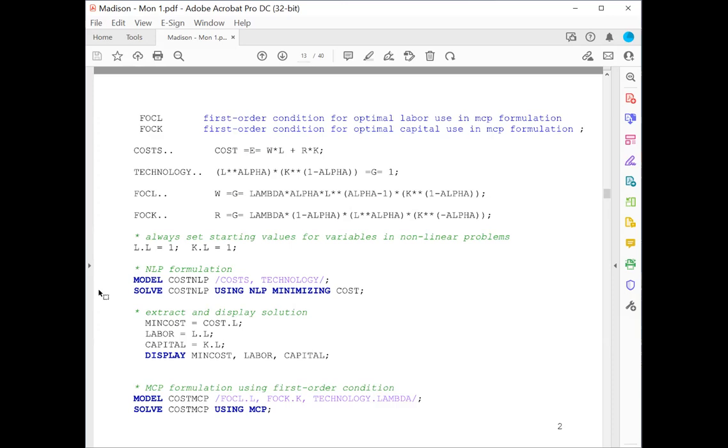I've added in the technology equation because W and R are two equations and three unknowns. All right, so this time you need that. So again, with the MCP, you need the dot notation, the name of the equation, dot, what is the complementary variable? And the technology is going to be complementary with the Lagrangian multiplier.